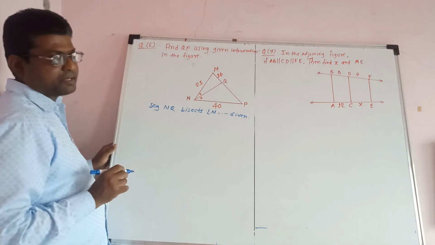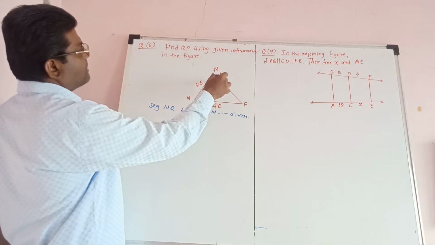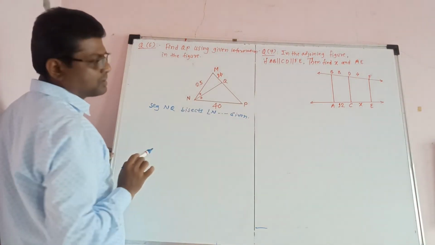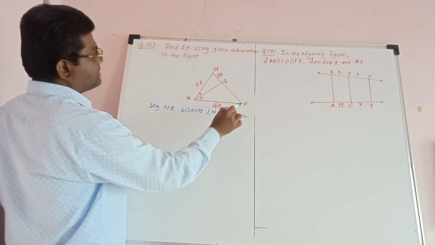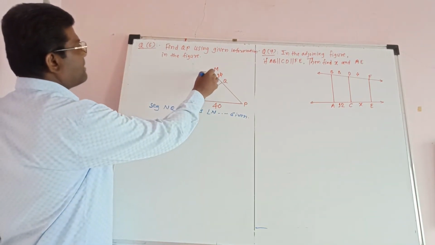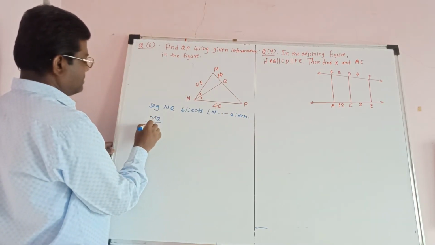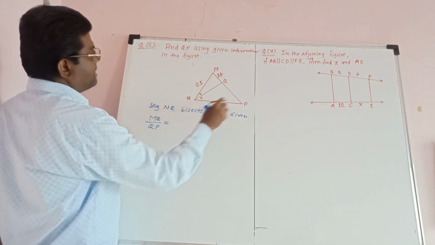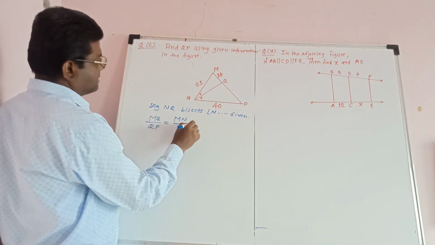Now write angle bisector property. We can start from M. MQ upon QP is equal to MN upon NP, or from P, PQ upon QM is equal to PN upon NM. So write MQ upon QP is equal to MN upon NP.